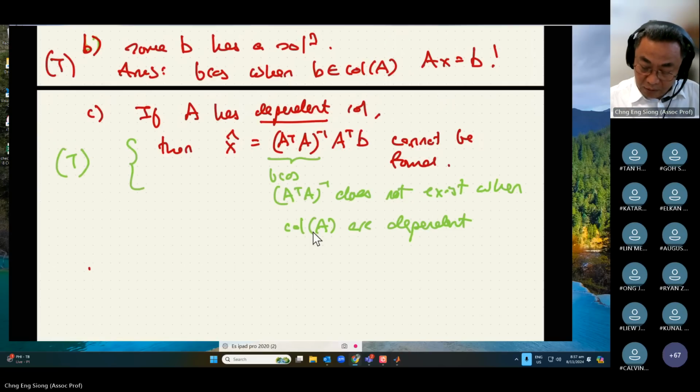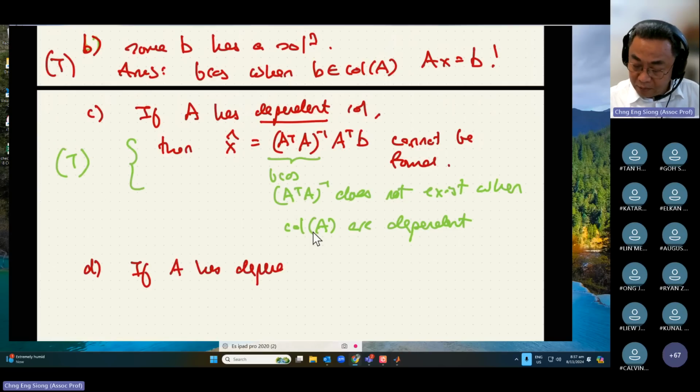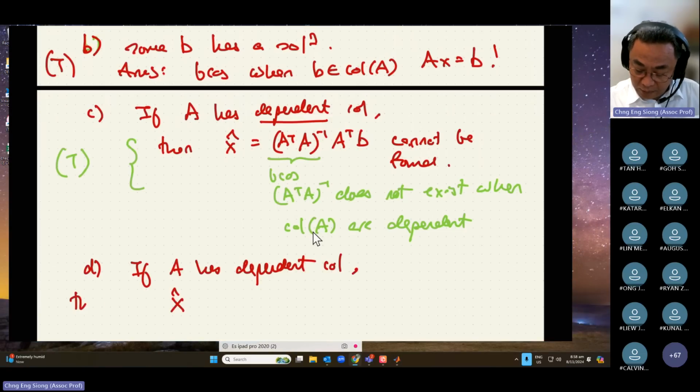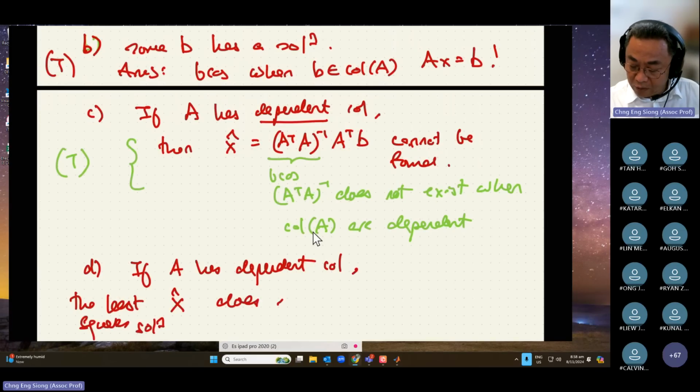D: if A has dependent columns, the least squares solution X hat does not exist. True or false?